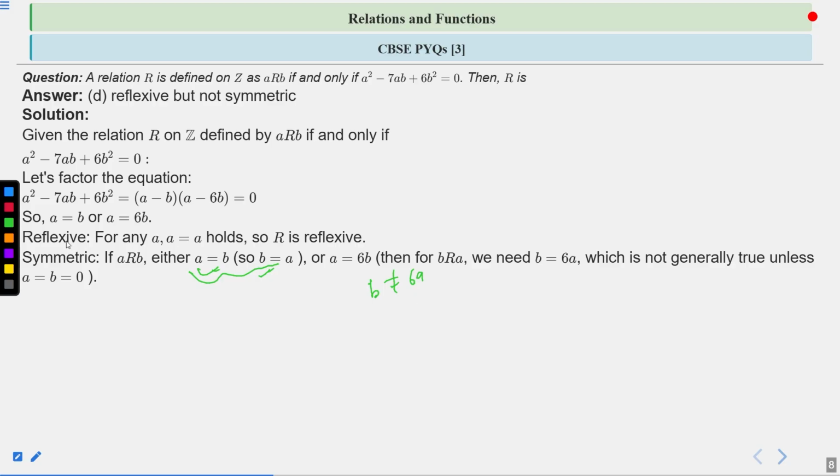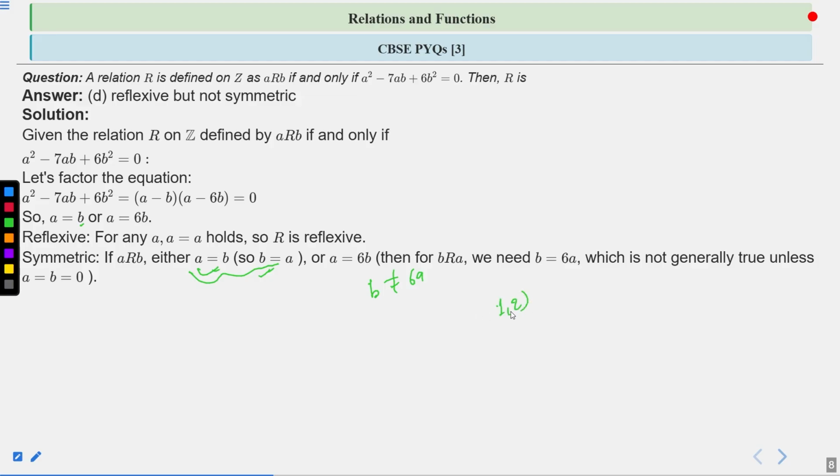You might have confusion that in reflexive we were getting two conditions, A equal to B or A equal to 6B, but it is reflexive. And for symmetric we are also getting two conditions, so why is it not symmetric but reflexive? See, the condition for reflexive is that A equal to B must lie. Other than this, anything lying is fine. It doesn't matter whether A is equal to 6B also. But for symmetricity, for all the relations, if (A, B) is lying, then (B, A) must lie.